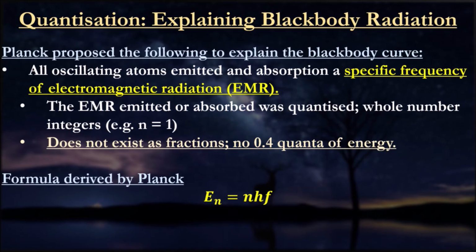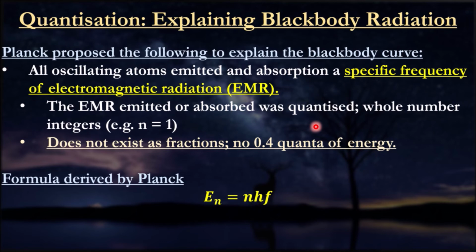So the idea is very simple: each singular oscillation of the oscillating atoms will lead to one singular emission of electromagnetic radiation, and vice versa with the absorption. So he predicted that electromagnetic radiation was emitted or absorbed quantized in discrete quantities.